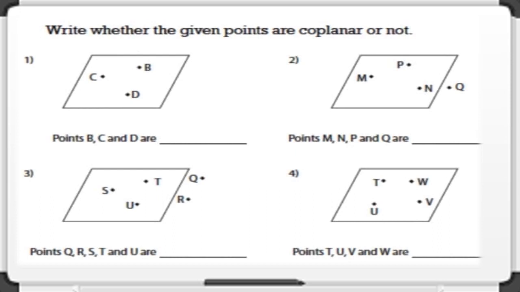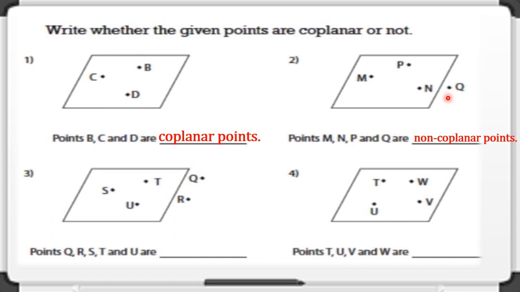Now let us have this activity. Let us identify whether the given points are coplanar or non-coplanar. So points B, C, and D are correct. They are coplanar points. Number 2, points M, N, P, and Q. Correct.